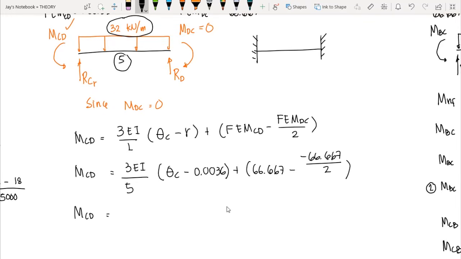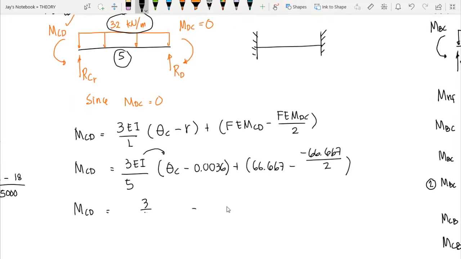MCD is equal to, so we distribute 3 over 5 inside the parentheses, then we have 3 over 5 EI theta C minus 0.00216 EI, then plus, if you add these two values, then we have 100.